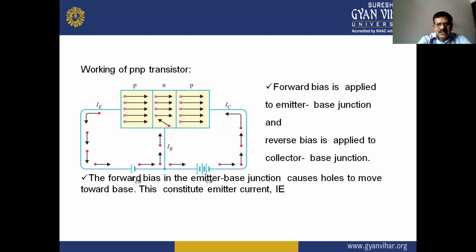The forward bias in the emitter-base junction causes holes to move toward the base region from the emitter region. This constitutes the emitter current, IE.